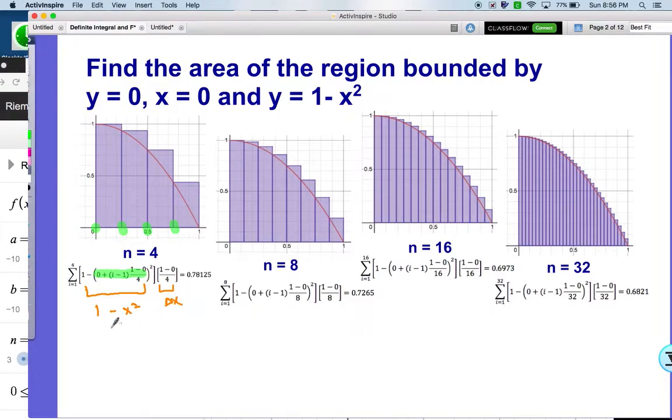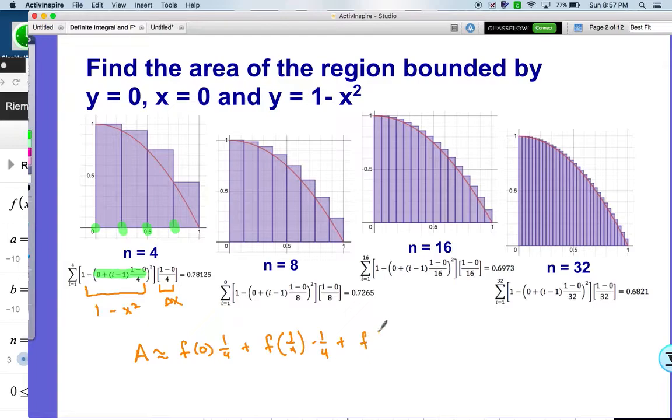This is exactly what we did before spring break. The area is approximately, using a left sum, f of 0 times our delta x, which is 1 minus 0 divided by 4, so 1/4, plus f of 1/4. If you plugged a 2 in, you get 2 minus 1, which is 1, times the 1/4.